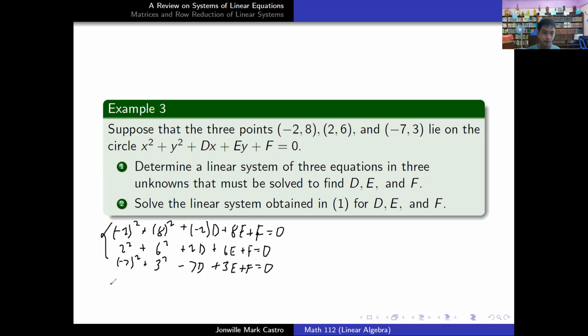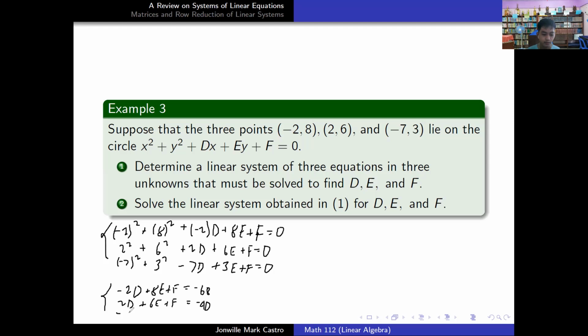So we can simplify this into negative 2d plus 8e plus f equals negative 68. 2d plus 6e plus f equals negative 40.